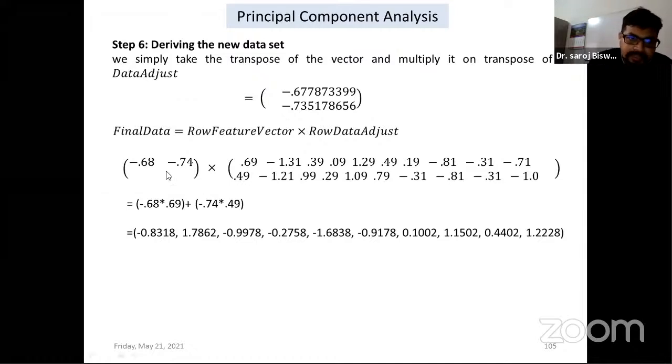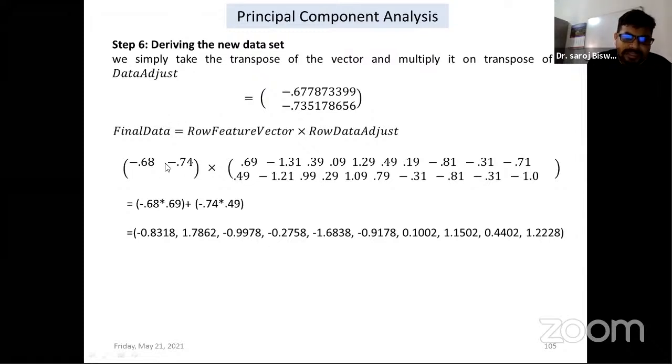If we solve this, the value of this part would be 0.8318, minus 0.8318. Similarly, we calculate this into this, and we get 1.782. Similarly, this into this, and the value becomes minus 0.9978.